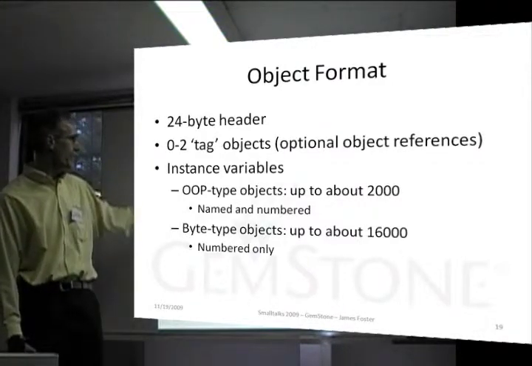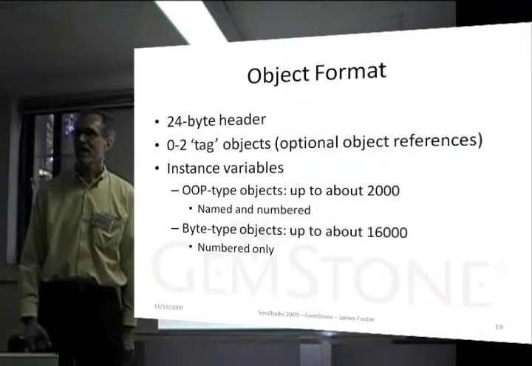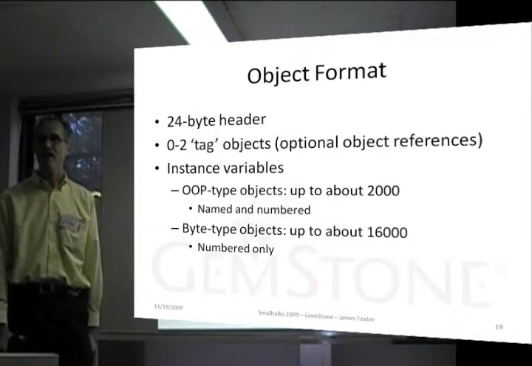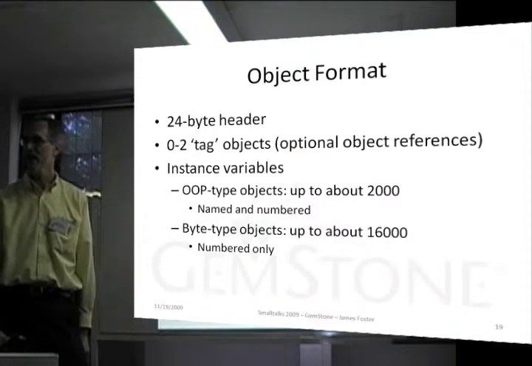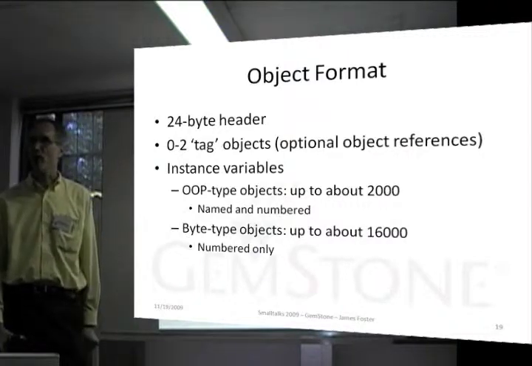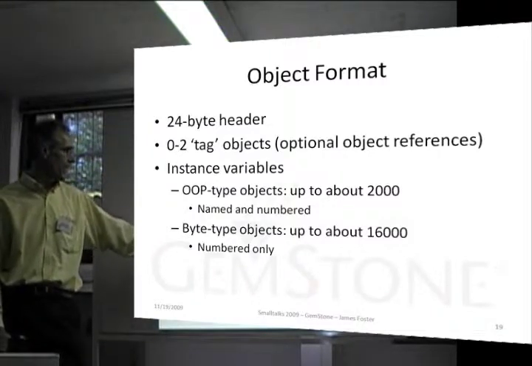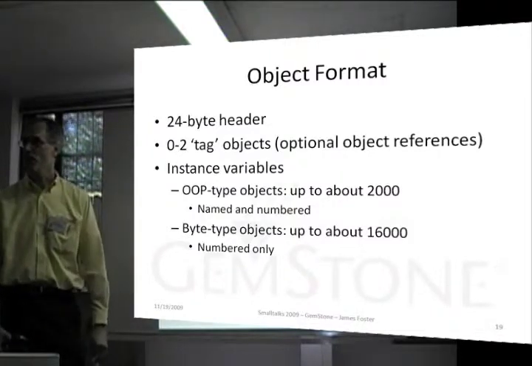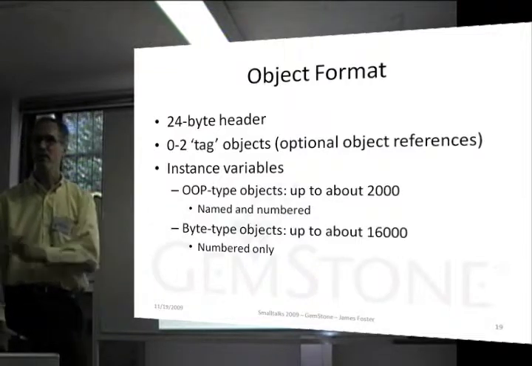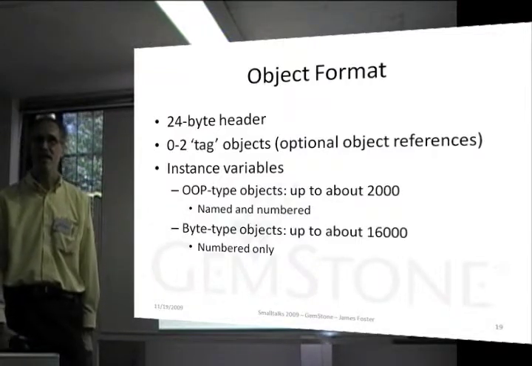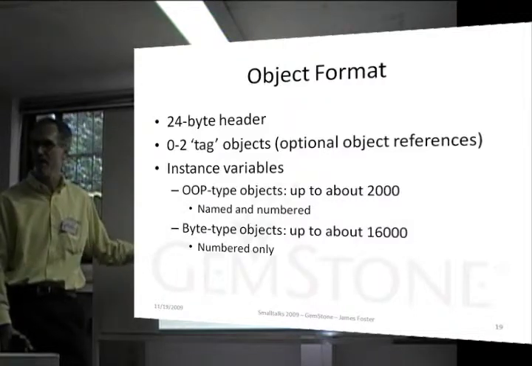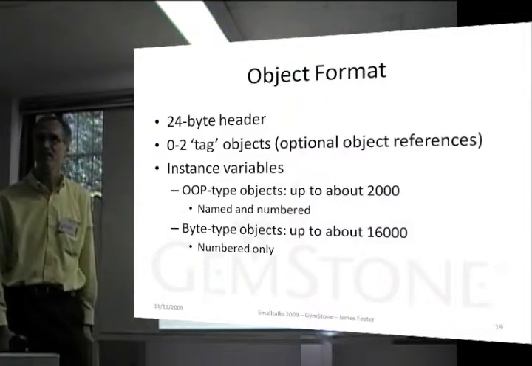Then, after that are instance variables. Instance variables are either named or numbered. Each object can have about 2,000 objects in its instance variables, named and numbered. So, for example, an array would have numbered instance variables, and you can create subclasses of collection that have both named and numbered instance variables.